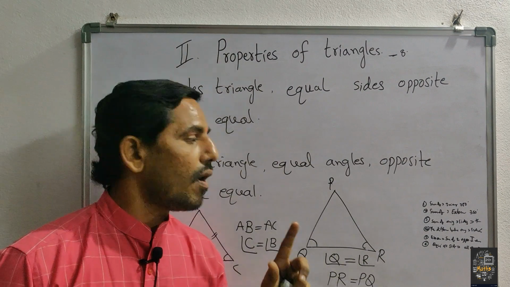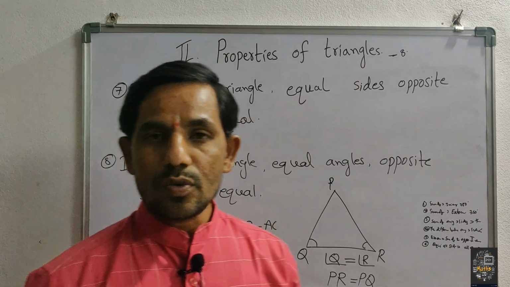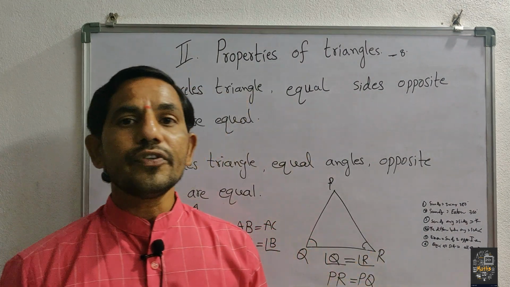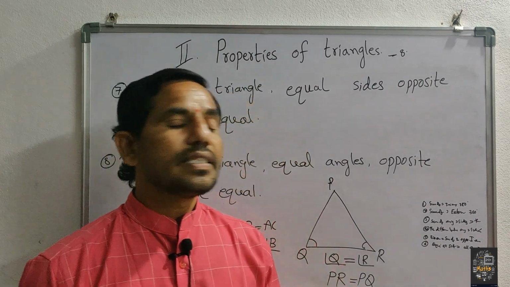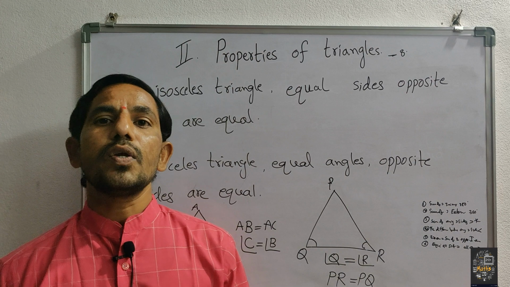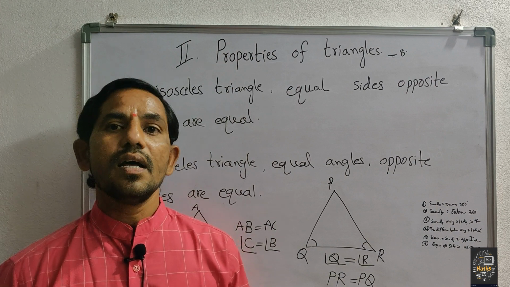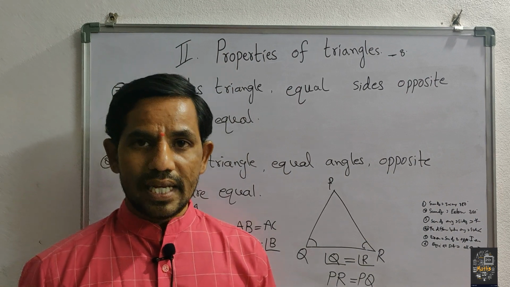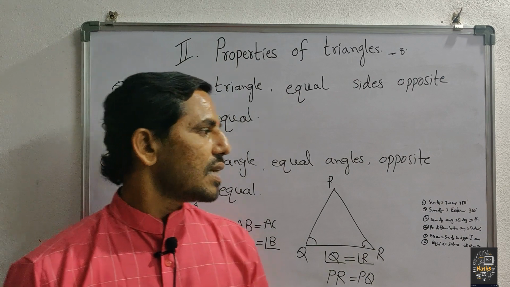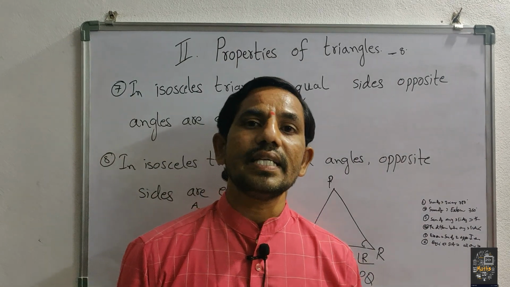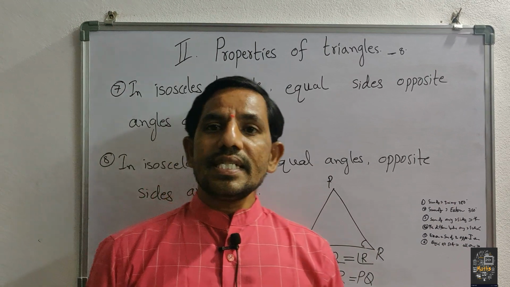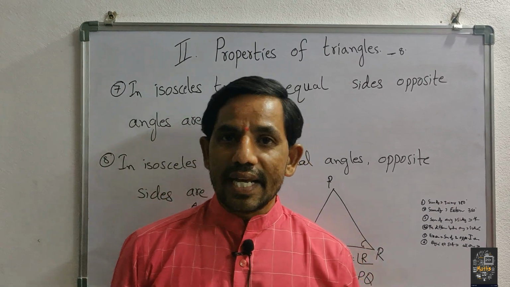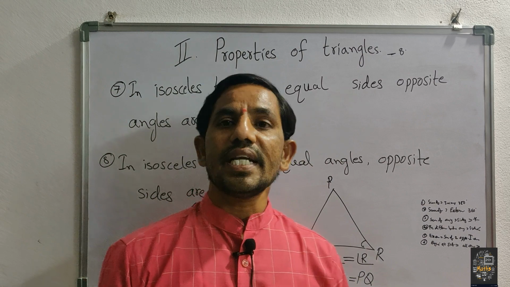Okay, I will repeat all the properties. First one, sum of three interior angles of a triangle is 180 degrees or two right angles or one straight angle. Now second one, sum of three exterior angles of a triangle is 360 degrees or four right angles or two straight angles.